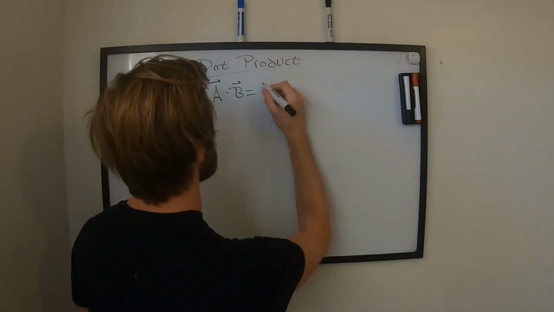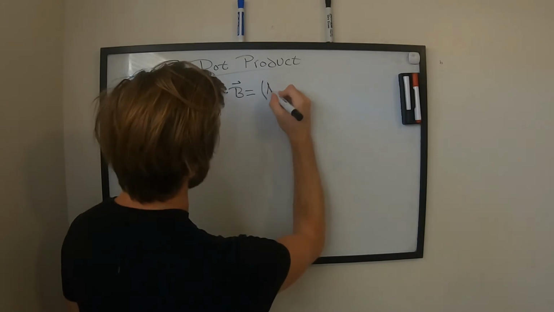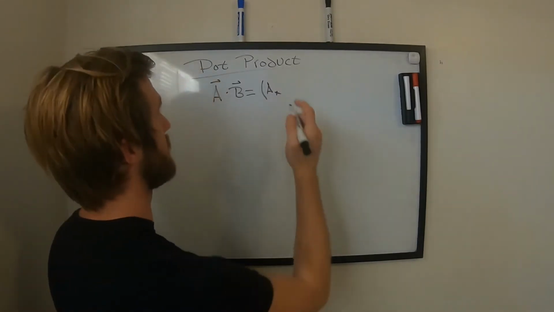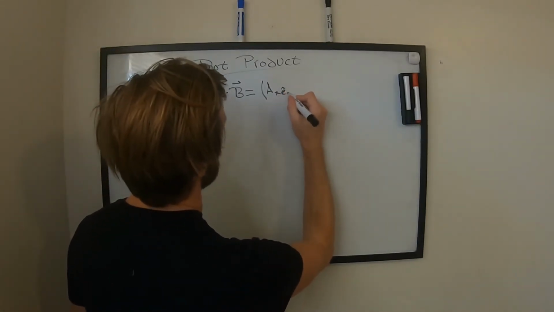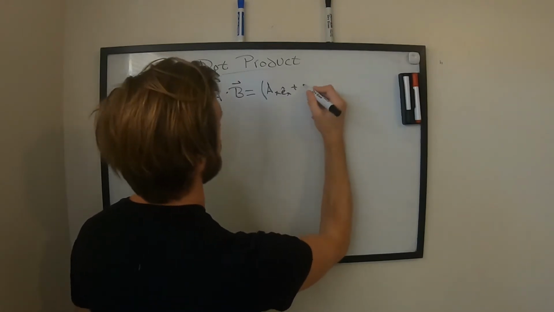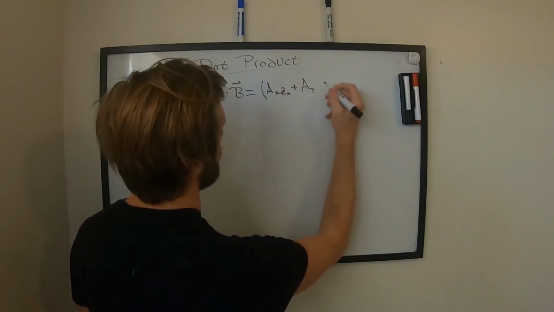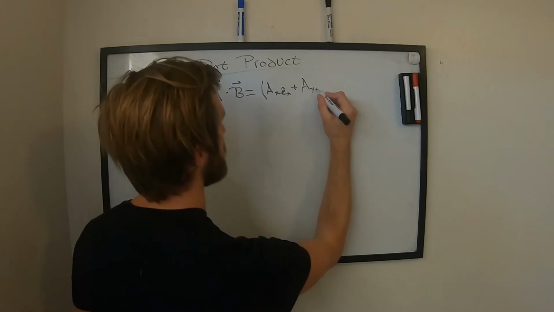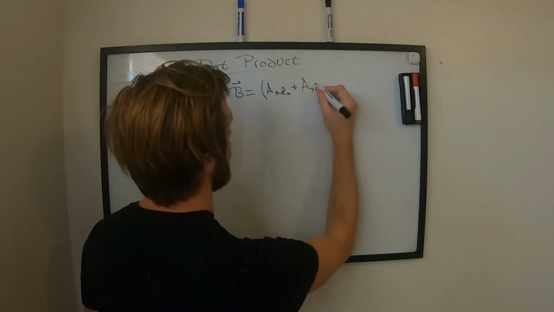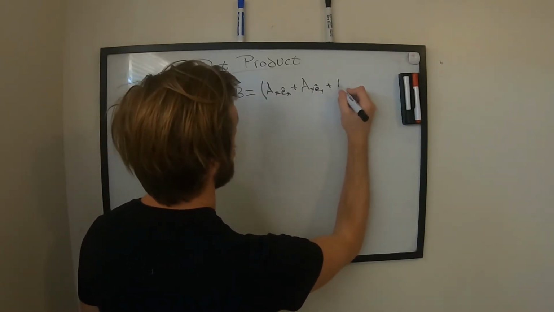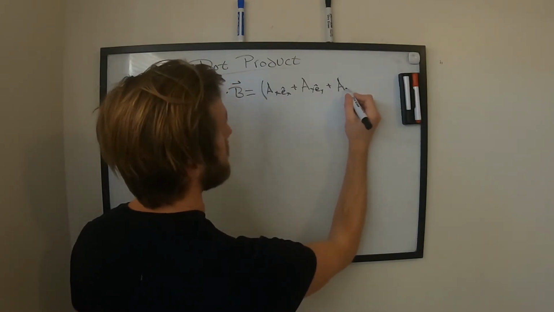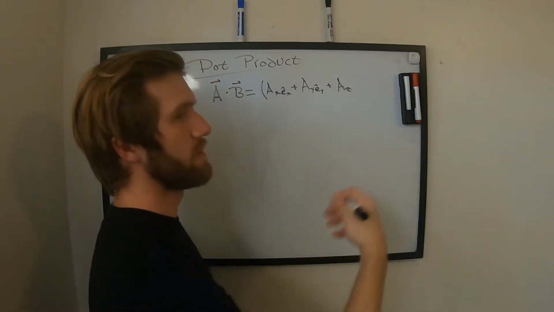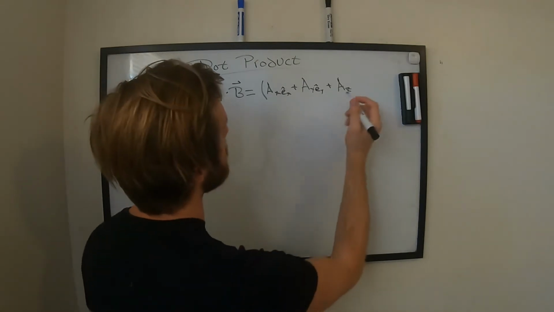So we will have first a sub x, our x component, e hat sub x, plus a sub y, our vertical component, e hat sub y, plus a sub z. Now we're doing this in 3 dimensions, just so you can get a very thorough explanation.